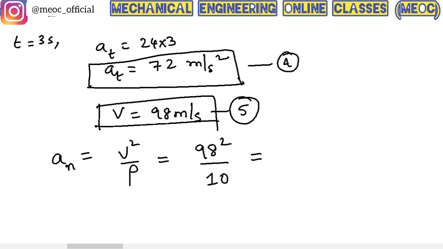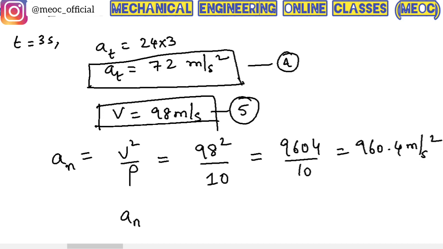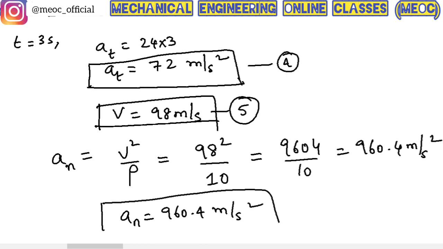So this will come out to be 9604 by 10. So it is 960.4 meter per second square. Therefore an is equal to 960.4 meter per second square. So we have used the value of v in order to find an. Let this be the sixth equation.